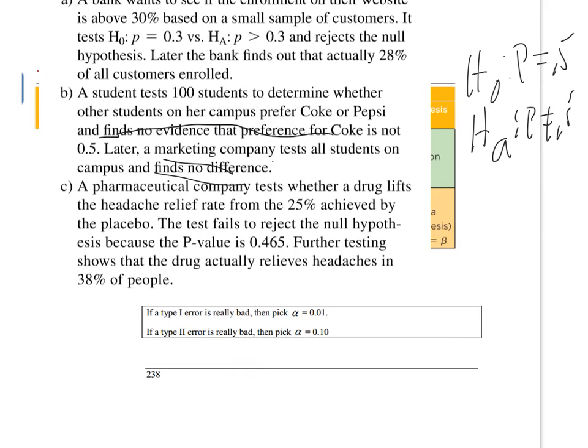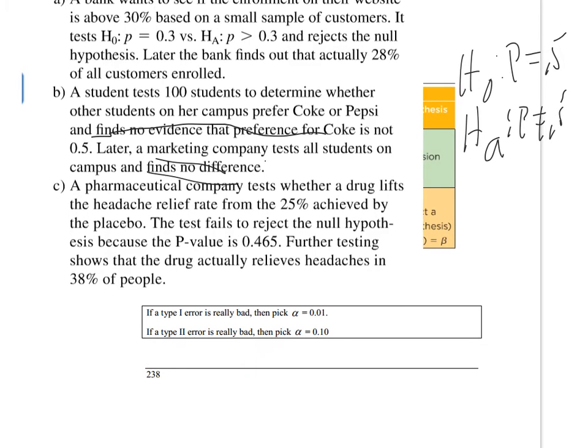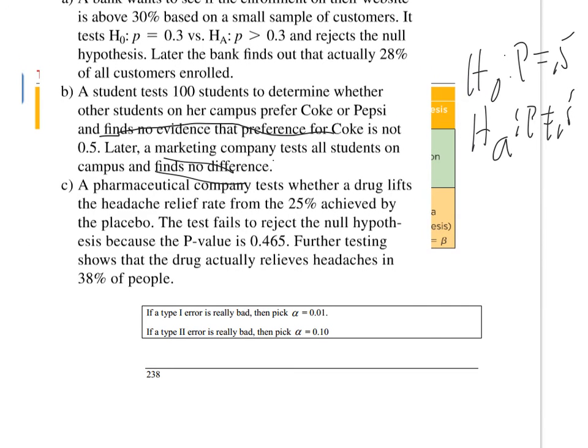And a pharmaceutical company tests whether a drug lifts headache relief rate from 25%. Does the drug work better than the placebo? The test shows that it doesn't, because the p-value is pretty large. So let's just stop right there.